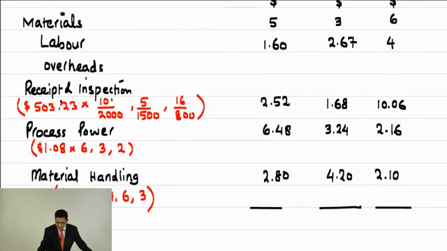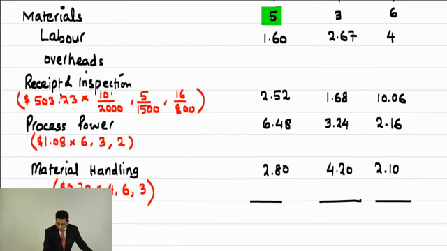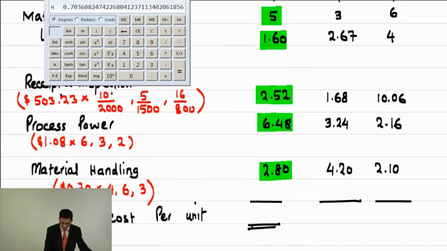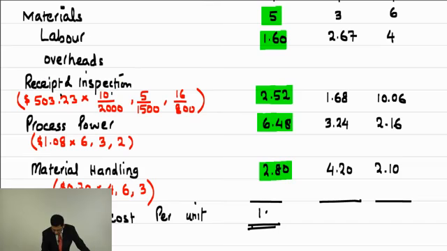Now we just need to add materials with labor and then individual overheads, and we will get total cost per unit, or full cost per unit, which we can quickly do here. 5 plus 160 plus 252 plus 648 plus 280, that gives us 1,340.